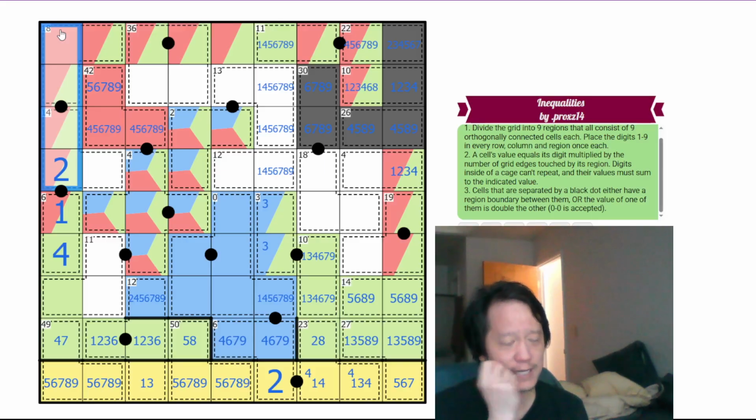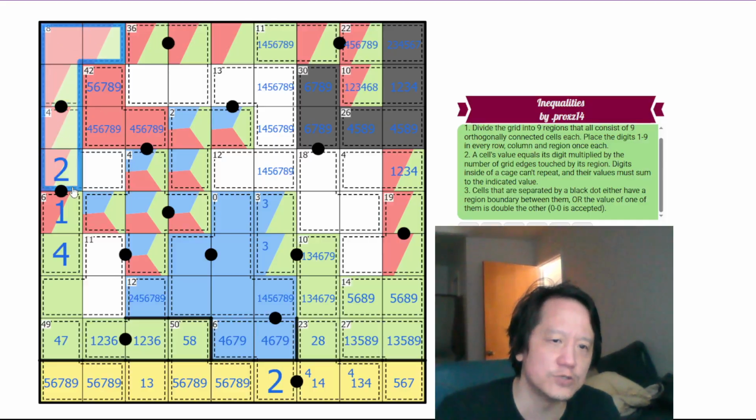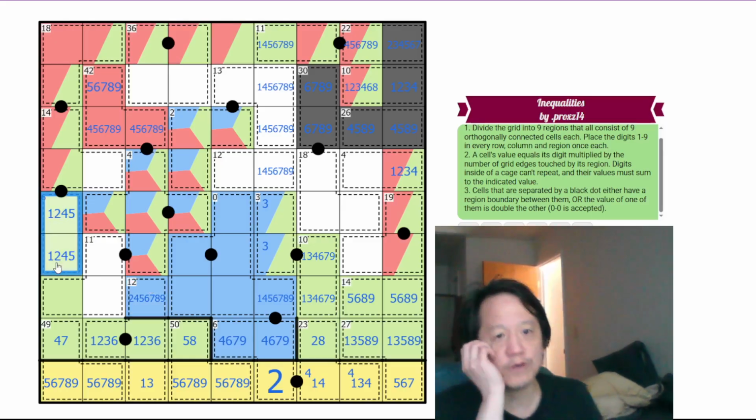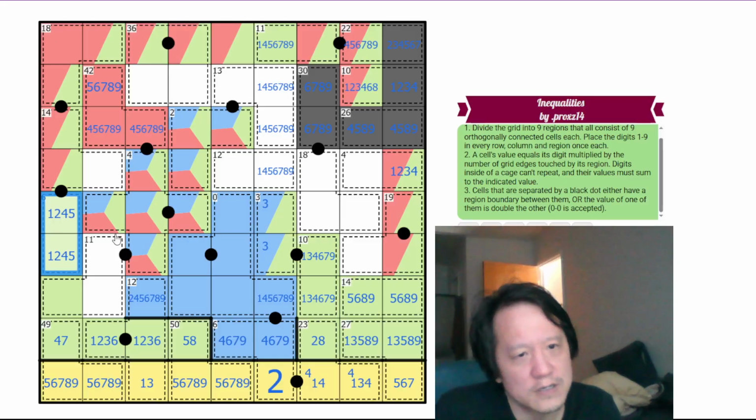That's 16 times 2 is 32. And this is guaranteed to be some sort of value. So that's too big. Therefore, this one also cannot be red. So we know this is a 1, 5 or 2, 4 pair. Okay, that's good. That was kind of crazy to get through there.